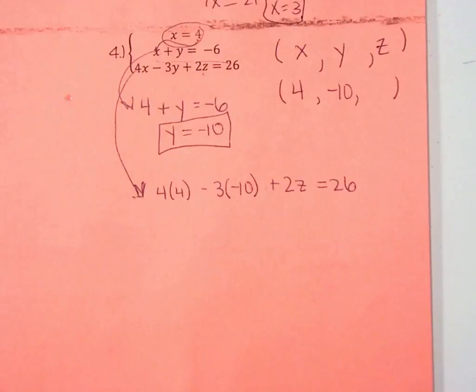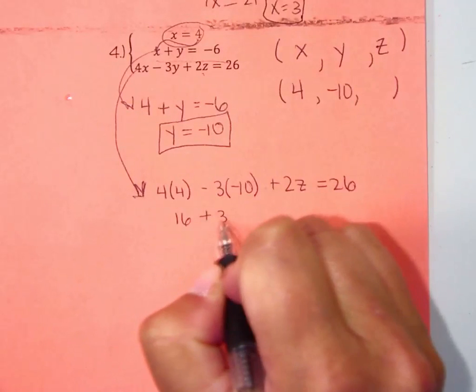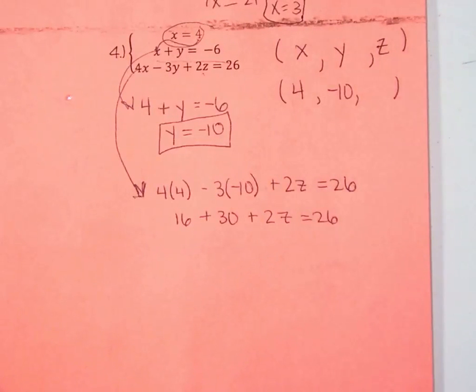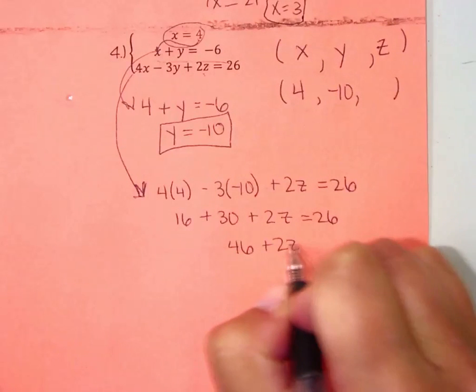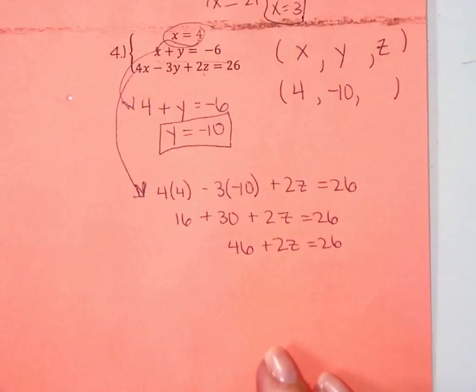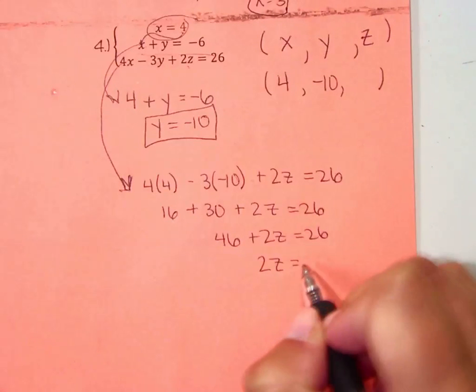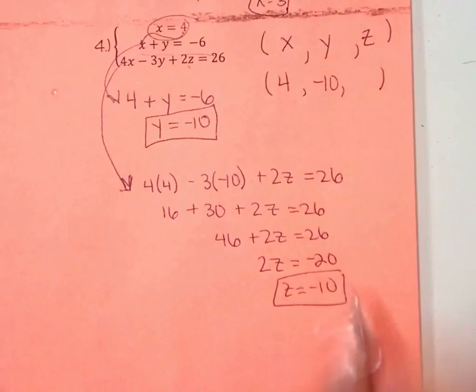Okay. And then just be really careful when you are simplifying and solving. So we get 46 plus 2z equals 26. We can subtract and solve. So z is actually also -10.